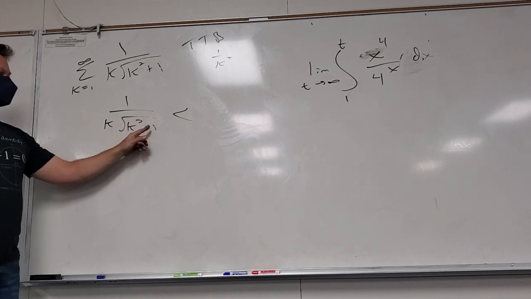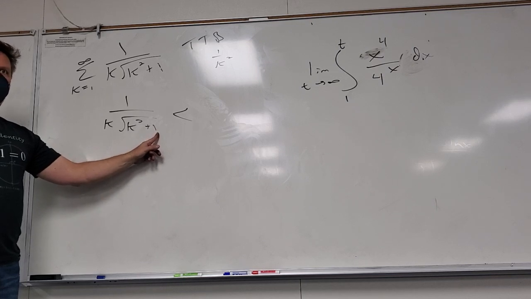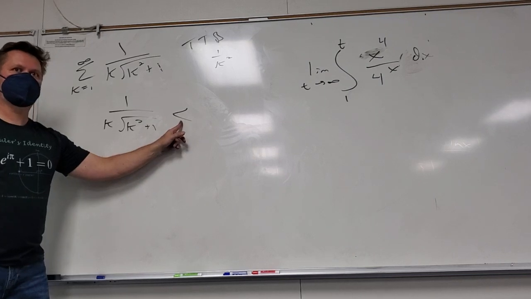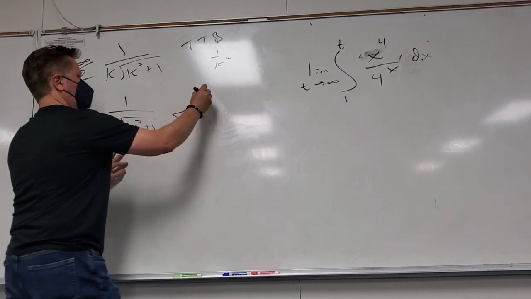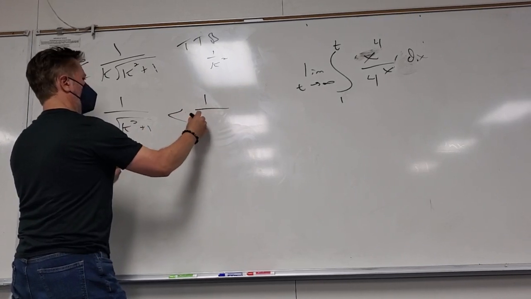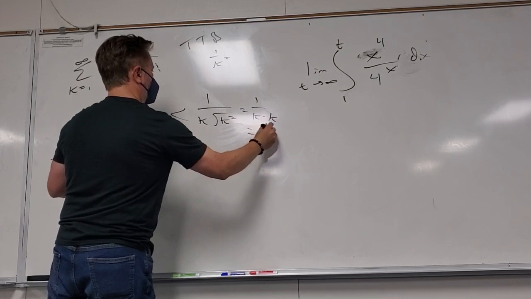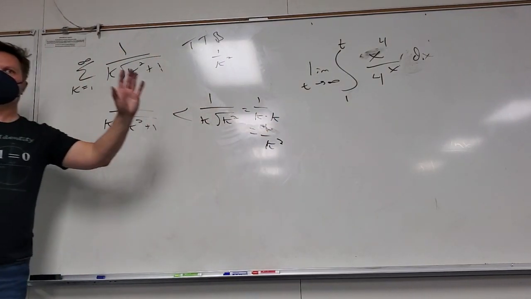So I make it k squared plus k squared. Because k squared is bigger than 1 for all k greater than 1, correct? Right. So that would make the inequality go the right direction. Okay, in that case, let's see, 1 over k times the square root of k squared, which is 1 over k times k, which is 1 over k squared, which converges, and so on.